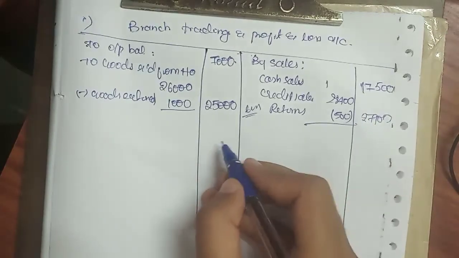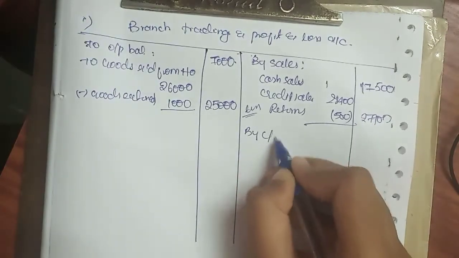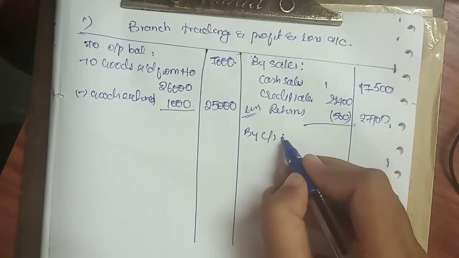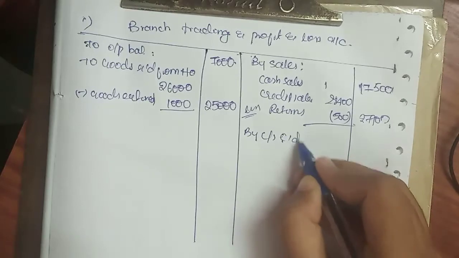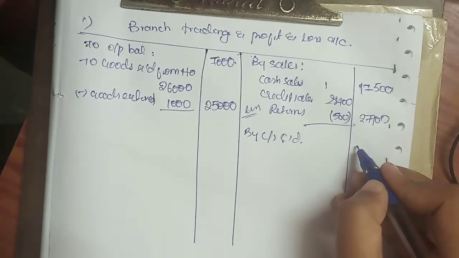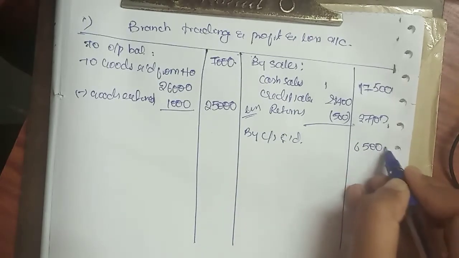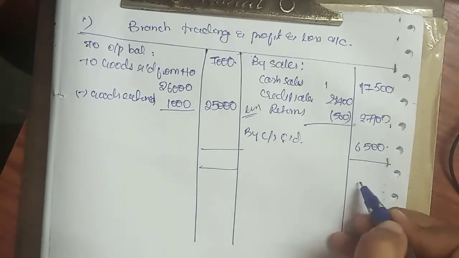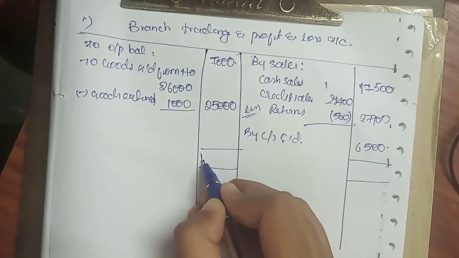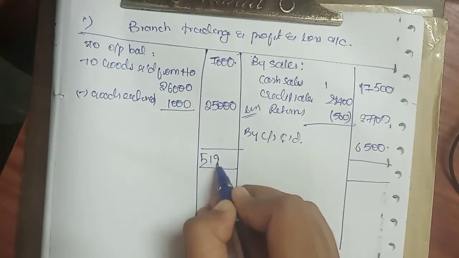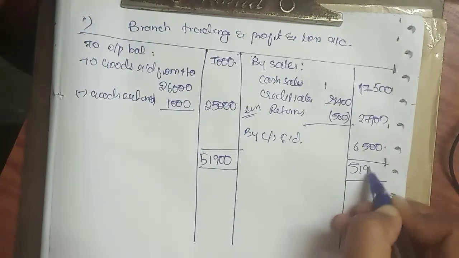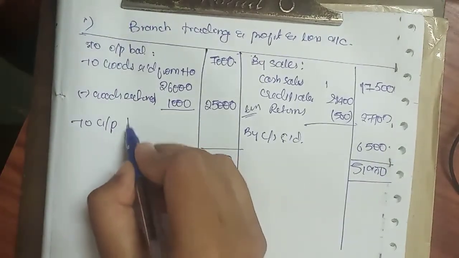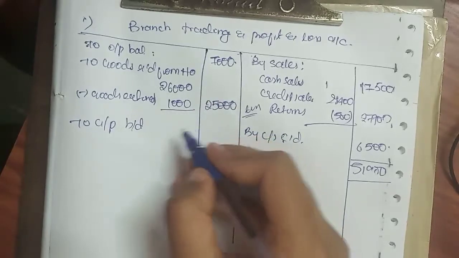Then there is the closing balance. So closing stock, by closing stock, how much is that? Closing stock is 6,500. Now total it up. You got a total of 51,900, and you get a gross profit carried down.